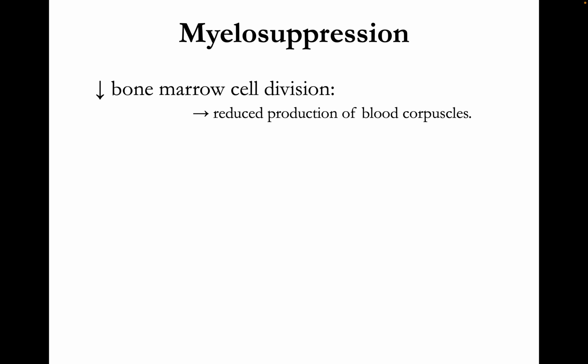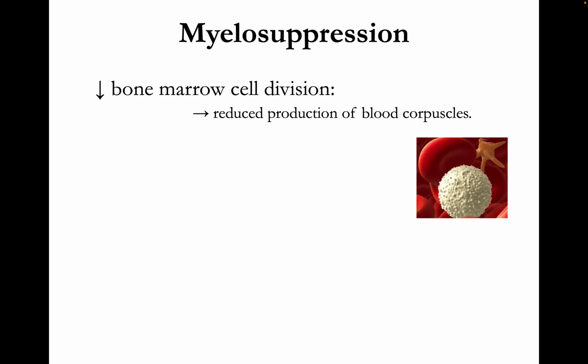The term myelosuppression means bone marrow toxicity. Often it can be life-threatening. Cancer drugs can decrease the cell division in bone marrow, resulting in a reduced erythrocyte, leukocytes, or thrombocyte production. Many drugs decrease erythropoiesis, resulting anemia.